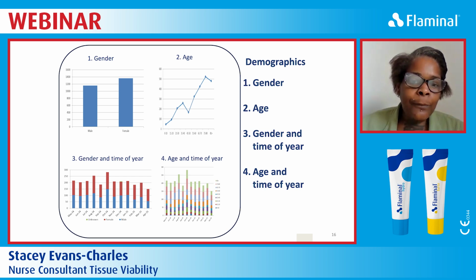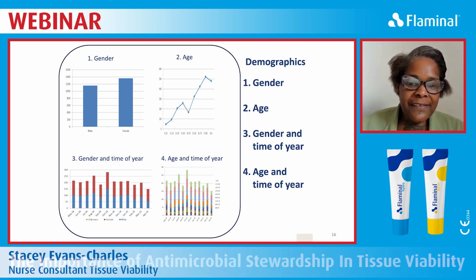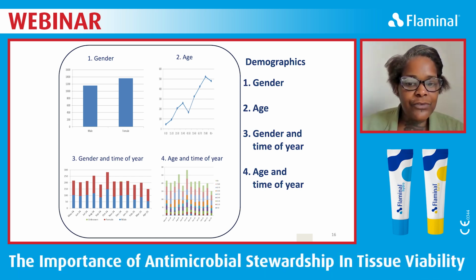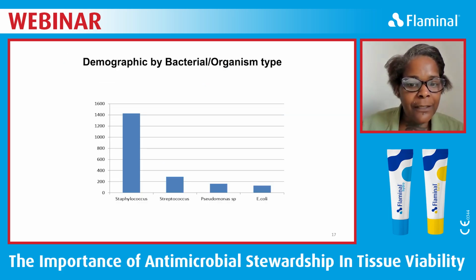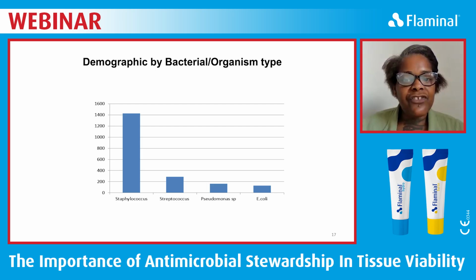We were able to form a picture that during this time of May 2024 to April 2025, we had a higher female population between the ages of 71 to 80 in the month of October who had very high wound swab results. We were also able to determine the wound organisms of the highest number affecting wounds during that time frame.